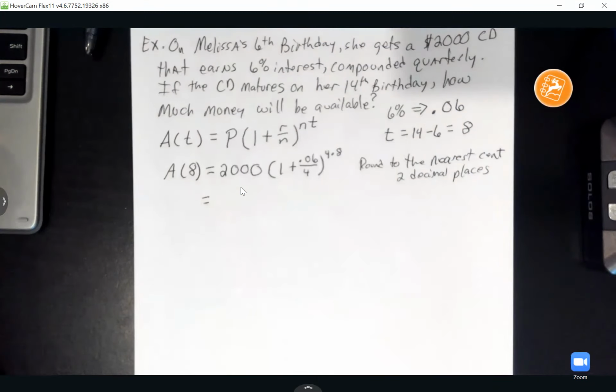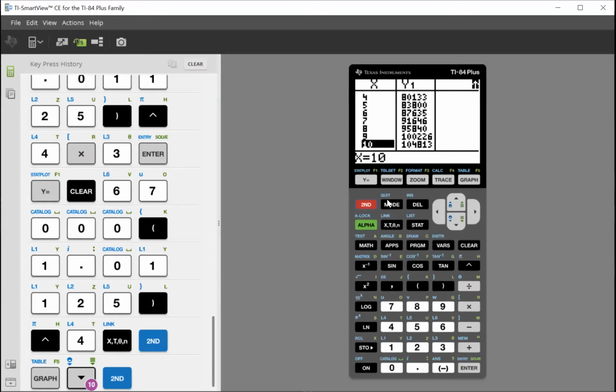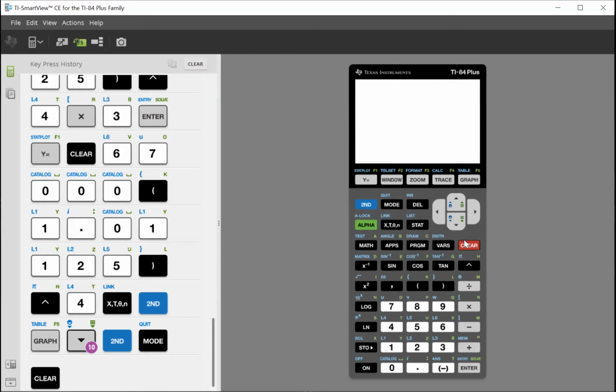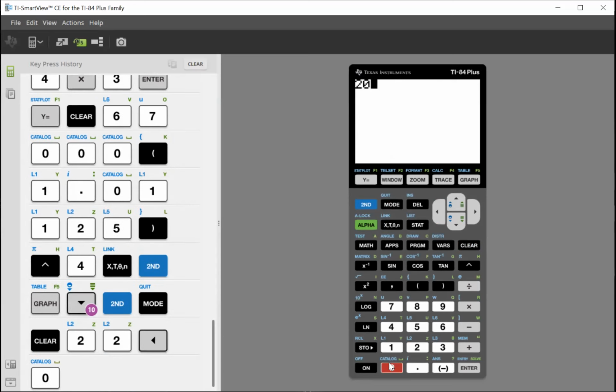So y'all, we're gonna go plug this on our calculator. And I probably won't graph this one because it's only got one value it wants. So I'm just gonna plug it in. We got 2,000 was our principal. So 2,000.